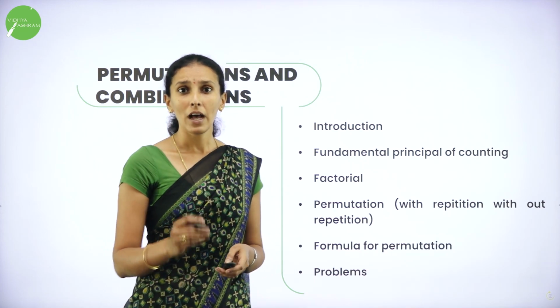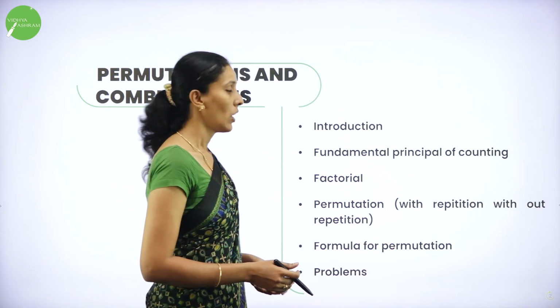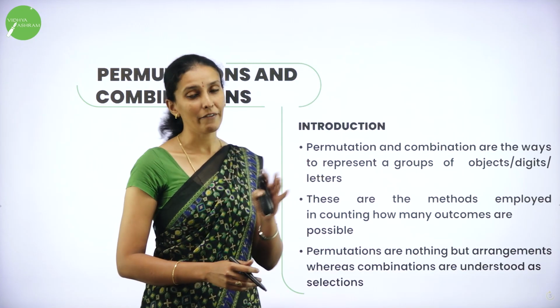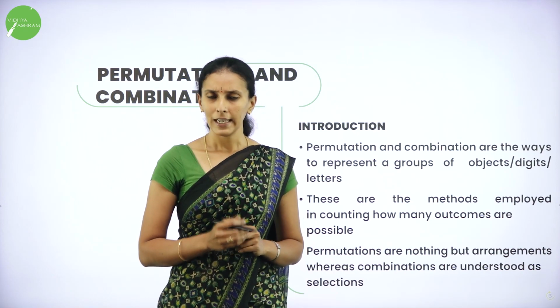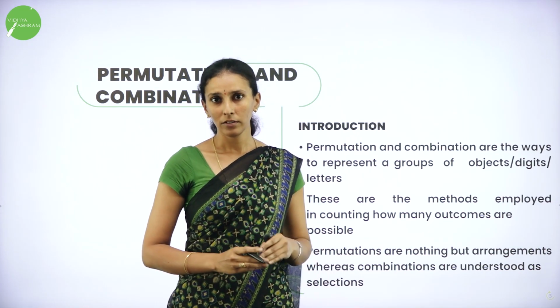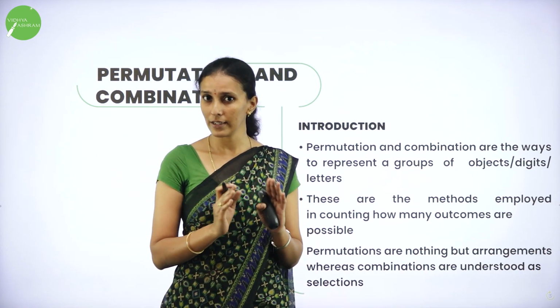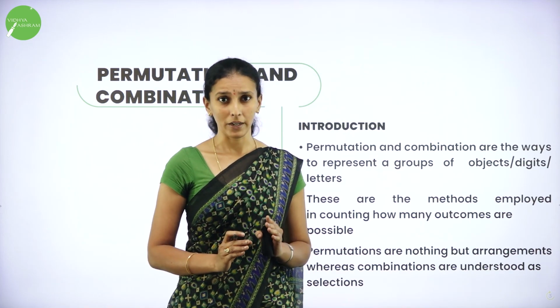Now let us start about permutations and combinations. So here we have an introduction. What do you mean by permutation and combination? Let me take an example. We will go to a restaurant, obviously to eat or drink. So you will have a food menu, correct?